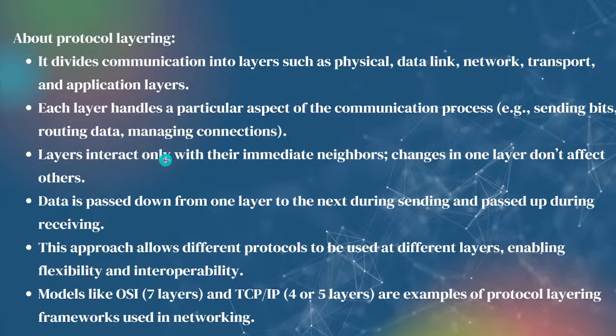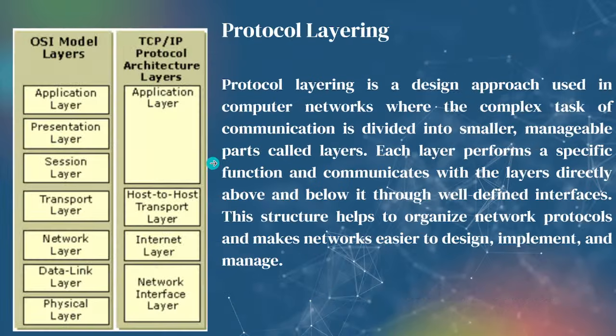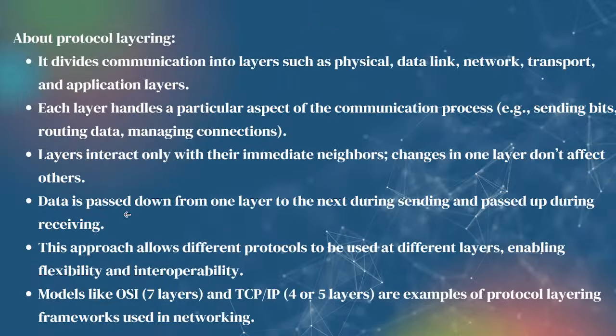Layers interact only with their immediate neighbor. If we talk about the application layer, it communicates with the presentation layer. The session layer communicates with the presentation and transport layers. If we talk about transport, it may communicate with session or network. This is what we mean by the immediate neighbor, the next neighbor.